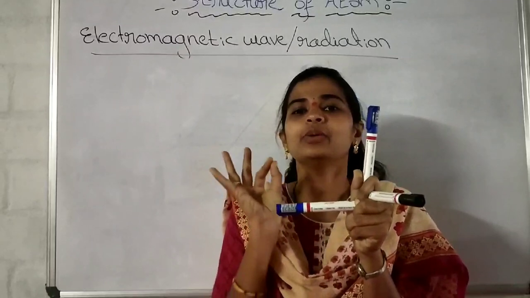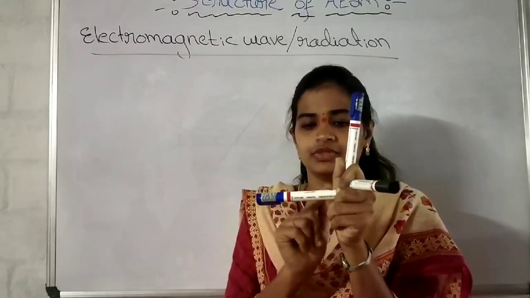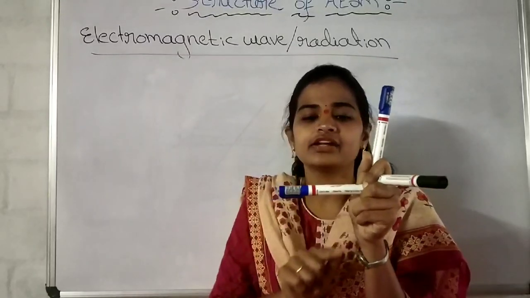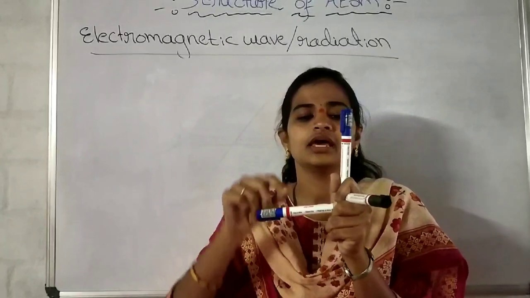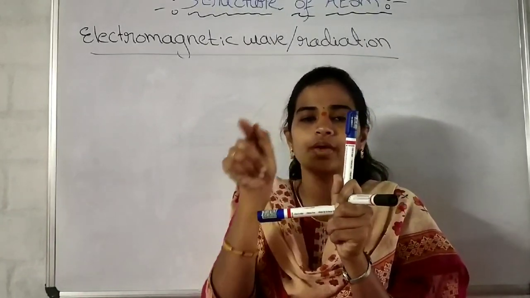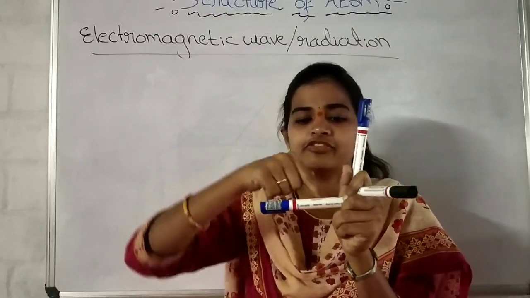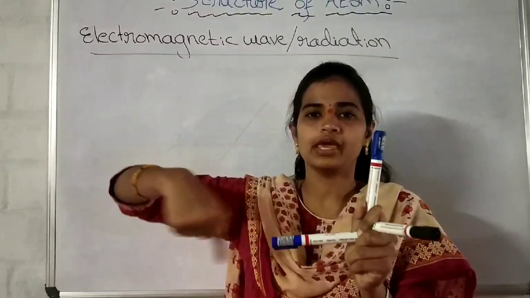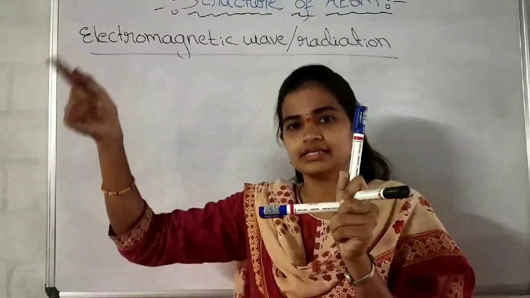If this is the X axis, the electric field is produced in this way, and also the magnetic field is produced in this way. See here, the electric field is produced in this way and the magnetic field is produced in this way. Hope you can imagine this.